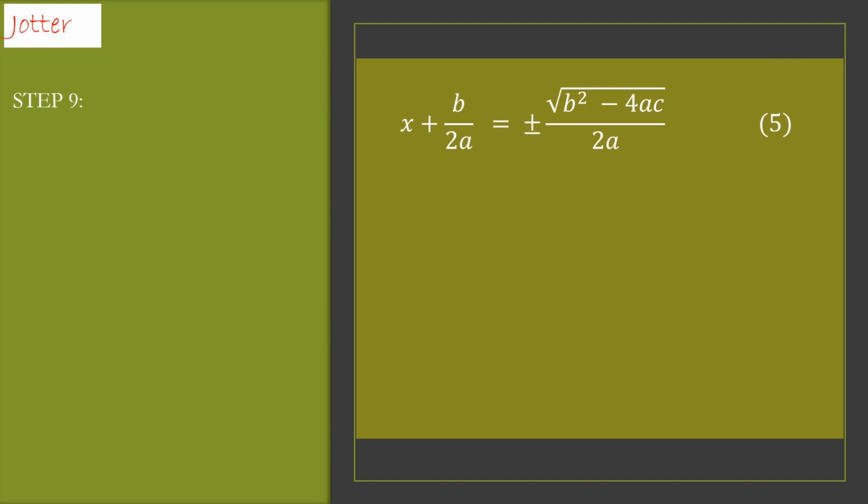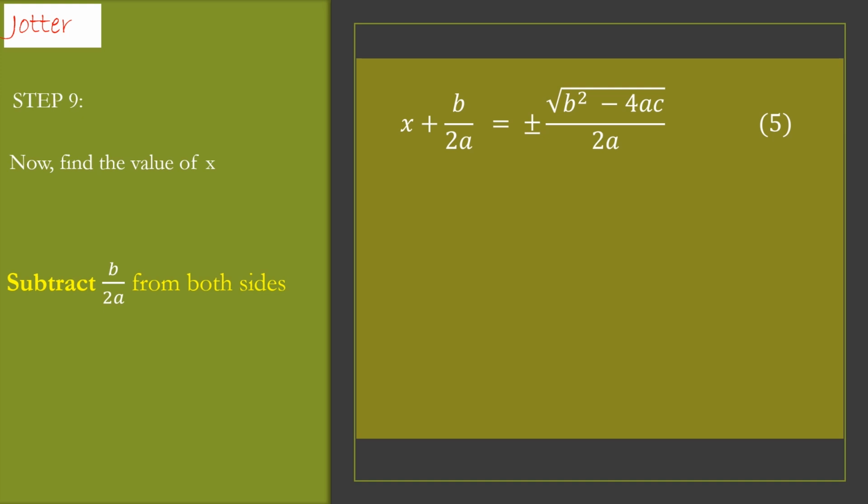So we're almost there. Step 9, which is now getting our x. In getting our x, what we need to do is to take away the constants on the left hand side so that it can go to the right hand side. And to do that, it means we have to subtract b over 2a from the left hand side and also do the same on the right hand side.